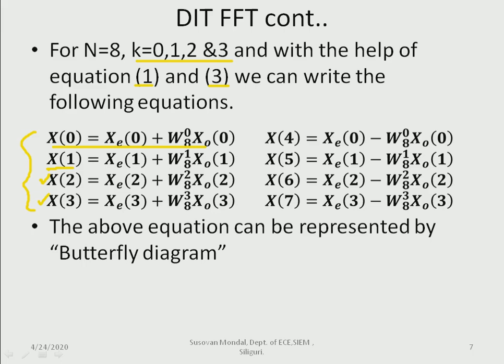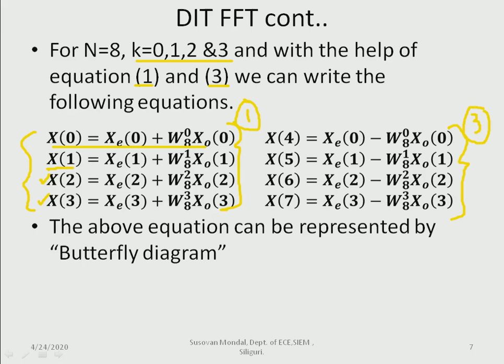Similarly, if we put the values of k in equation number 3, we will get these equations. So these are the results of equation number 3, and these are the results of equation number 1. It is very clear that for equation number 1 we are considering k from 0 to 3, and for equation number 3 we are considering k from 4, 5, 6, 7. So the frequency index is divided into two parts, not into even and odd.